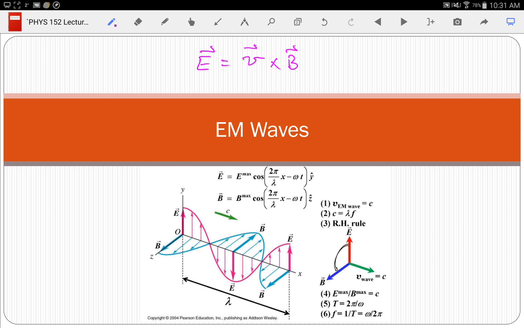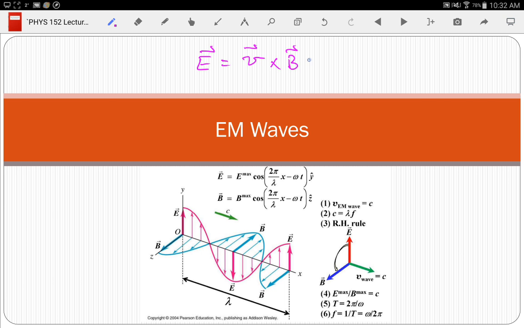And so in that picture, the electric fields are vertical, going up and down. The magnetic fields are horizontal, coming out towards you, going back in. And the velocity is then going to your right. So the directions of the electric field, magnetic field, and velocity are important parts of understanding electromagnetic waves.